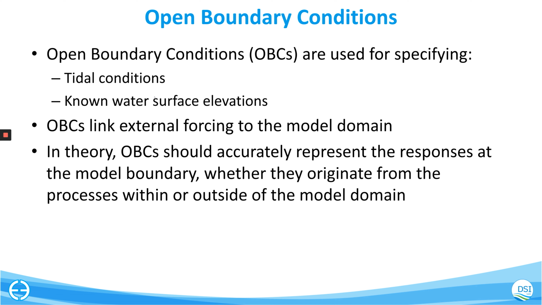You might also have directly measured the water surface elevation near your open boundary, and those could be directly input into the model. So you have a couple of different options there. Most tide stations in the United States will give harmonic constants for that station that are used by NOAA and other agencies to predict water surface elevations there.